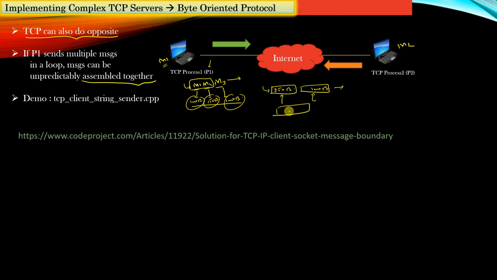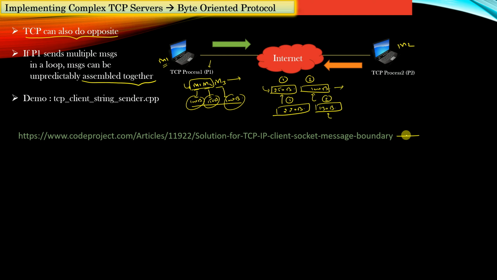For example, the first segment may contain 220 bytes, and the remaining 130 bytes can be sent in the second segment. Of course, this is segment number 1, which is followed by segment number 2. Let's not forget that TCP maintains the order of bytes, but it doesn't maintain the boundary of the messages.